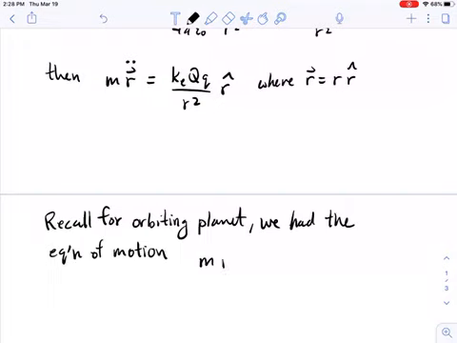So it was m r double dot was going to be equal to, there was a minus, and it was G M m over r squared r hat, where we wrote the G M m, G times M times m, as k. And so these two expressions are nearly identical.